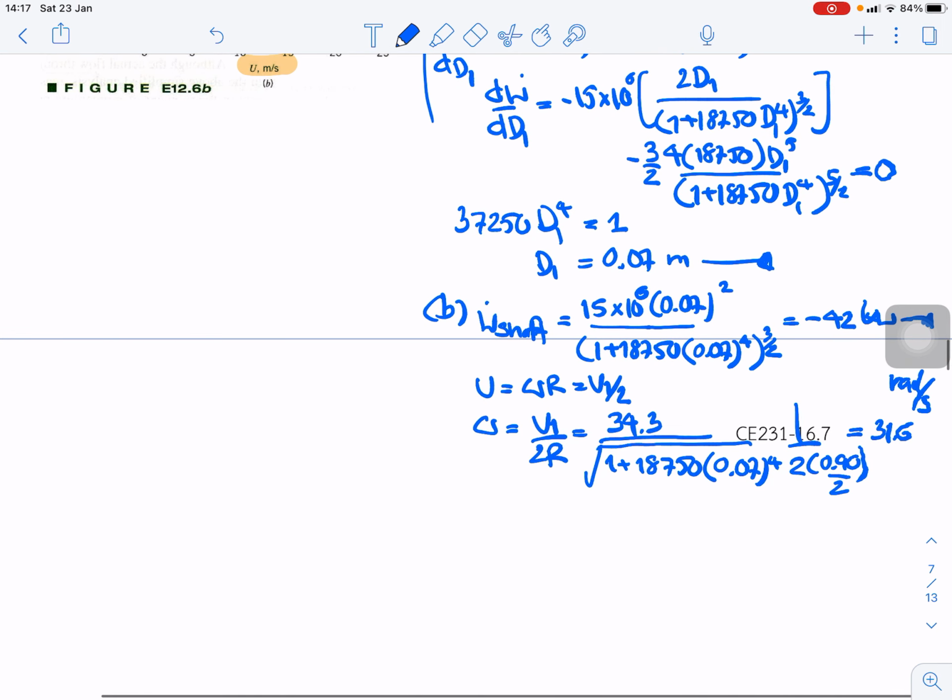We can prove that the angular velocity should be 31.6 radians per second.